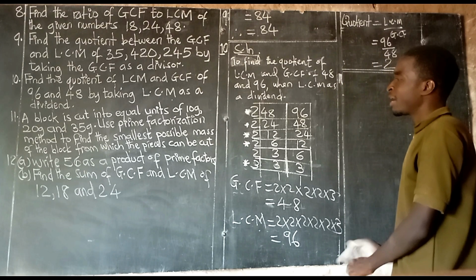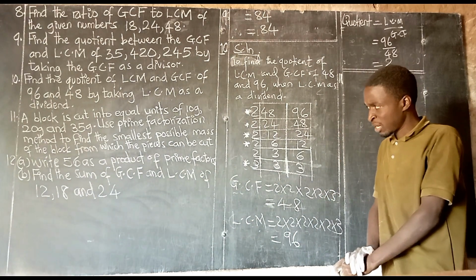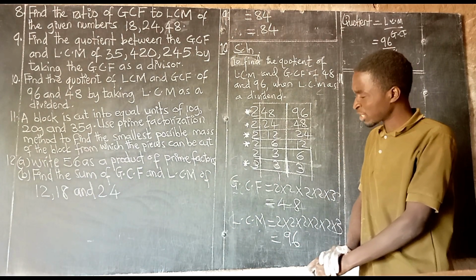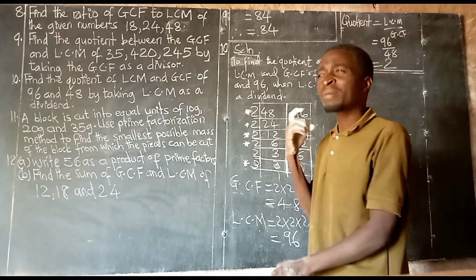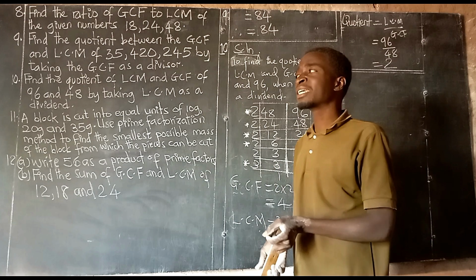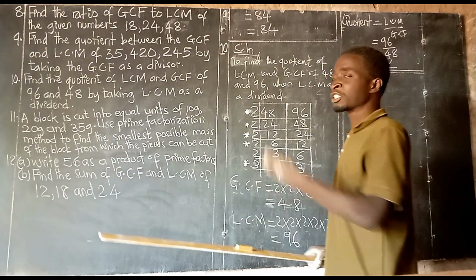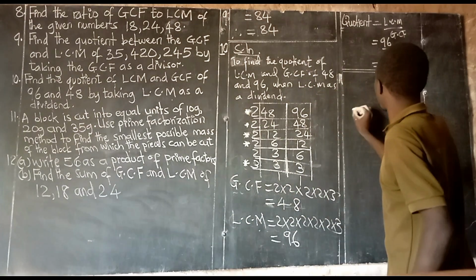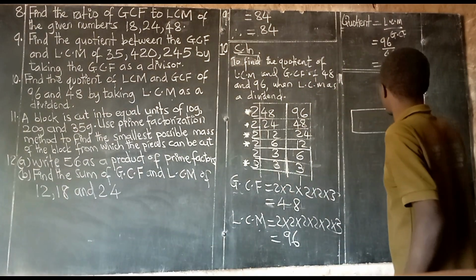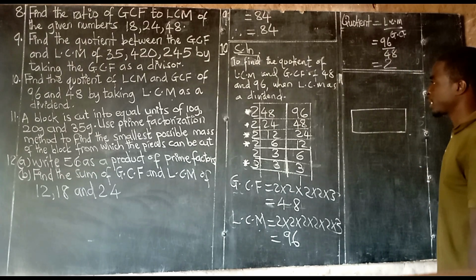Now, let us think together of this question. What is required in this question? What is required to be calculated? Here, you have to imagine that you have a certain block. A block is a complete thing, but it should be divided into different pieces.